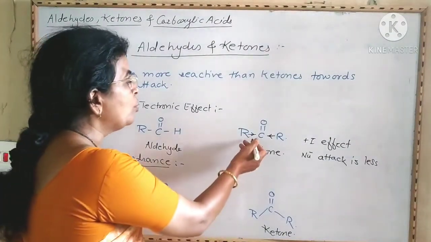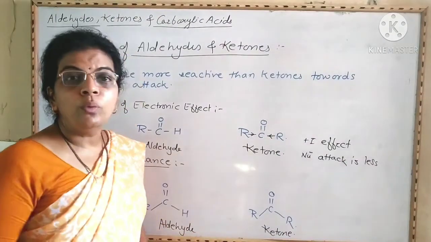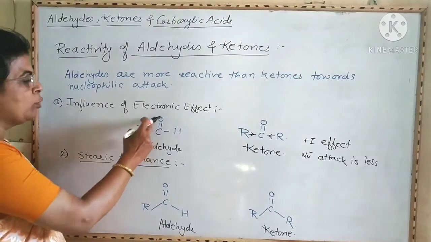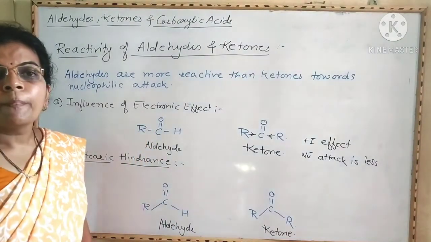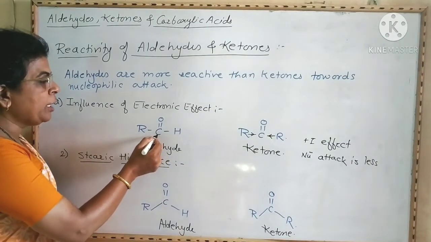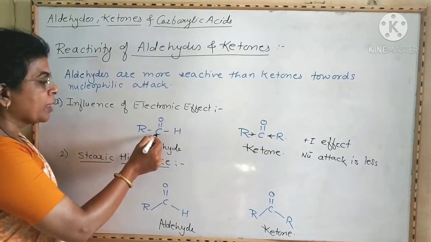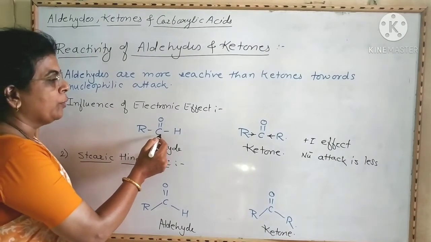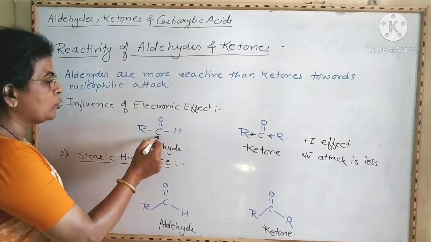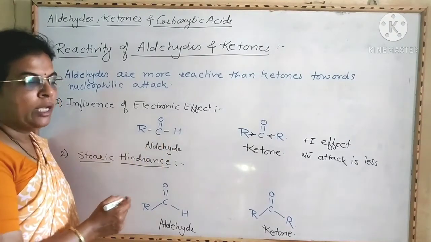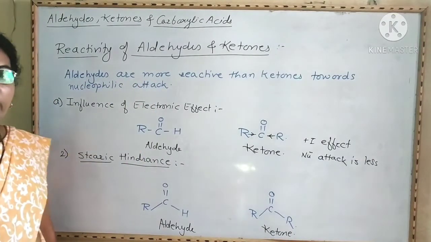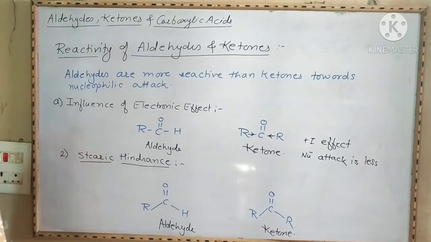This is due to the plus I effect of two alkyl groups. But in aldehydes, the carbonyl group is bonded to only one alkyl group, and therefore this carbonyl carbon is more electron deficient than the carbonyl carbon of the ketone, and thus nucleophilic attack is possible in aldehydes. Therefore aldehydes are more reactive than ketones towards nucleophilic attack.